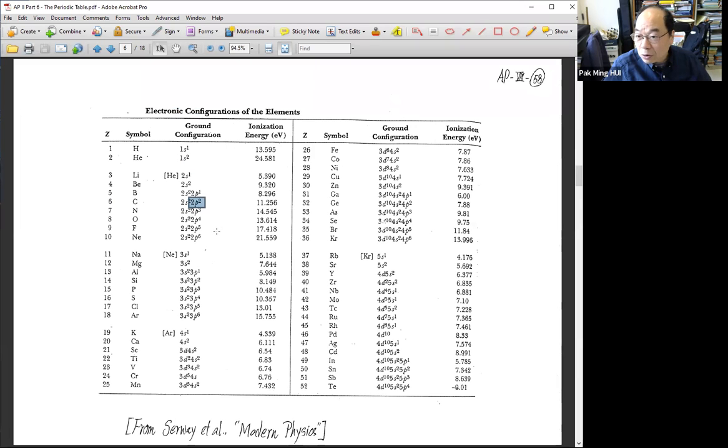That becomes 2p, and then there are 2 electrons there. So together with, usually the long form will be carbon: 1s2, 2s2, 2p2. Okay, so that is the ground state electronic configuration of carbon.